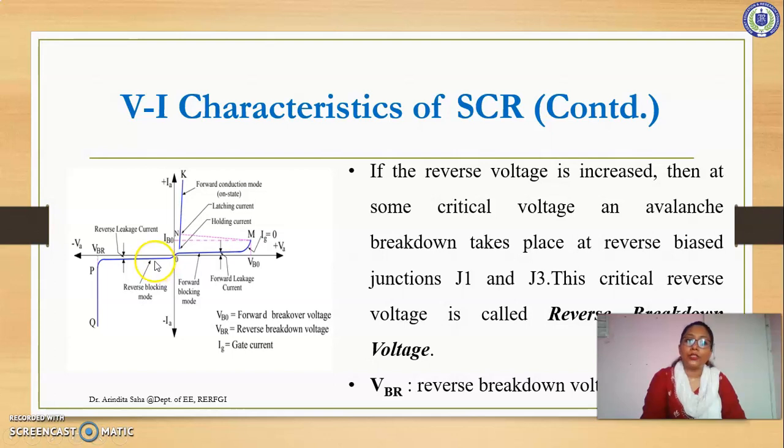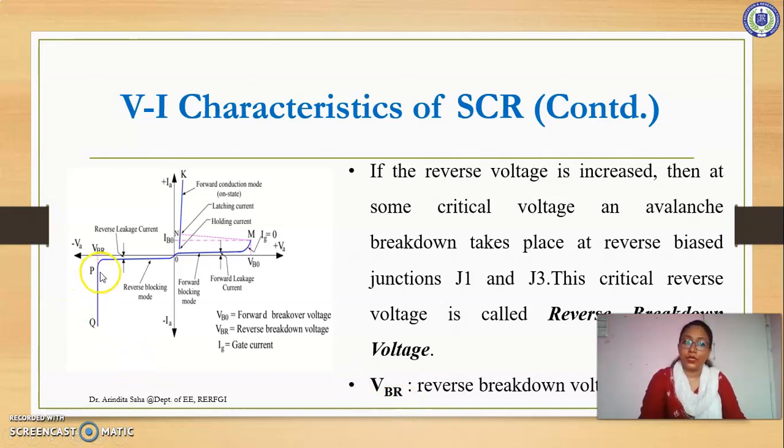If the reverse voltage is increased, then at some critical voltage there will be an avalanche breakdown at the reverse junctions J1 and J3. The voltage at which it occurs is known as the reverse breakdown voltage, VBR.